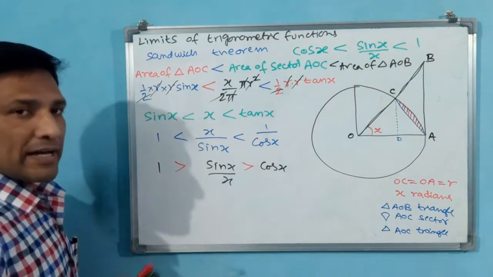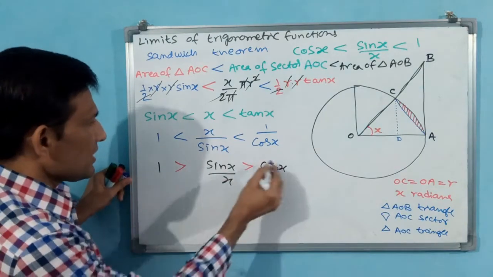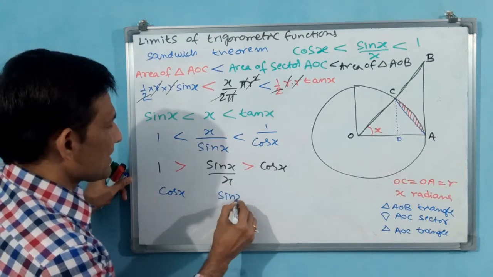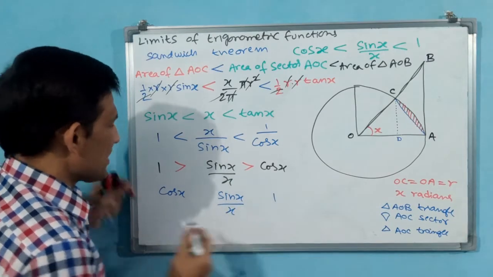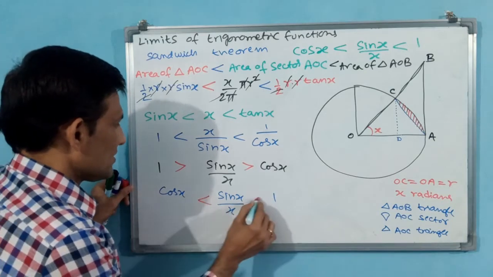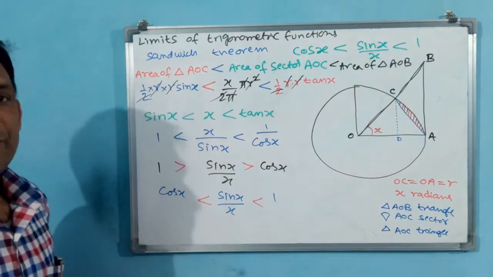You see what I am doing now. This cos x I am writing on this side, and in between sin x by x like this, and here 1. But now the symbol is like this. Is it okay now?